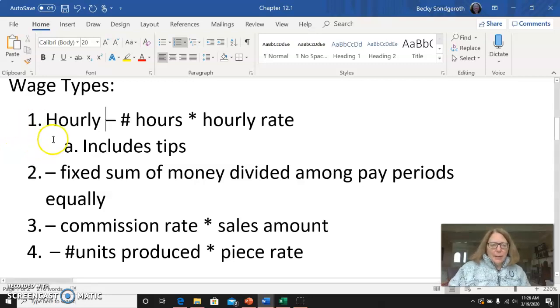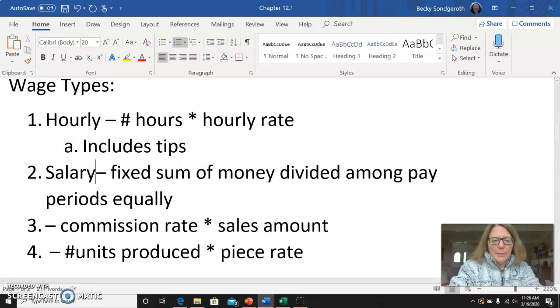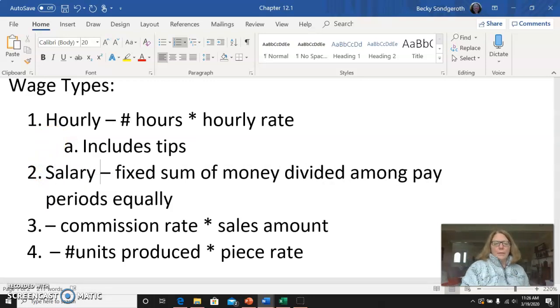The second type, which is the type I am, is considered a salary position. So doctors, lawyers, accountants, teachers, we all tend to be salaried, which means that it doesn't matter if I work 80 hours or I work 500 hours in a week, I get paid the same amount of money.